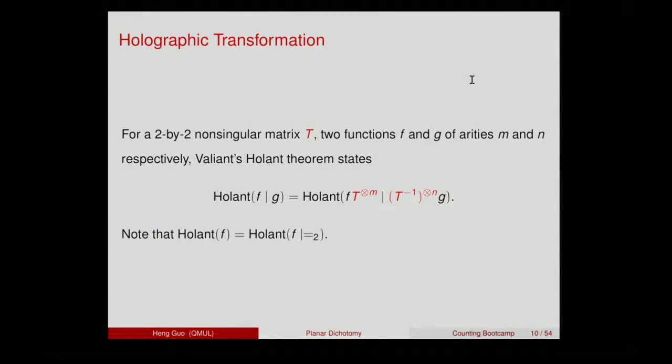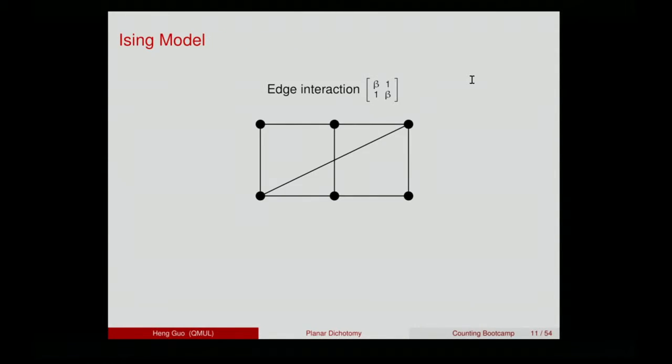This is quite useful because we can always write a Holant with equality-2 on the edge side by considering the edge-vertex incidence graph. Okay, so this is the transformation, and here let's see another example of what a holographic algorithm can do.